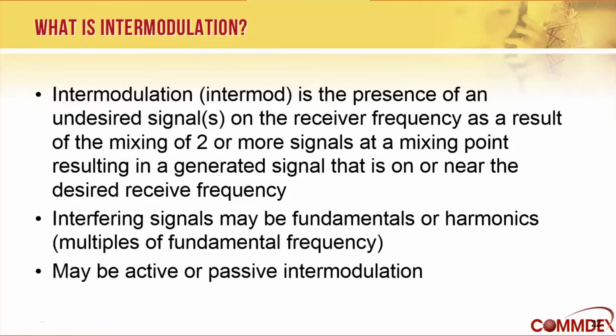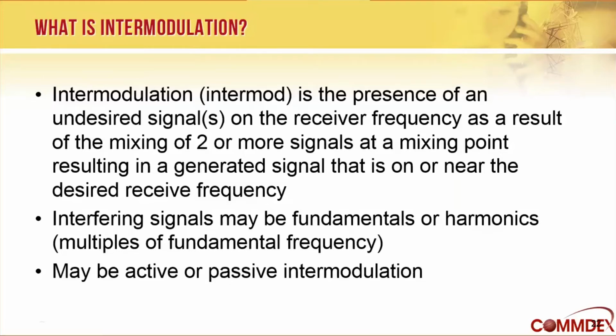So when two or more signals mix together, not only do the original signals come out, but we get harmonics and we get sums and differences. Sum is the mathematical sum of the two frequencies, and difference is the mathematical difference between two frequencies.